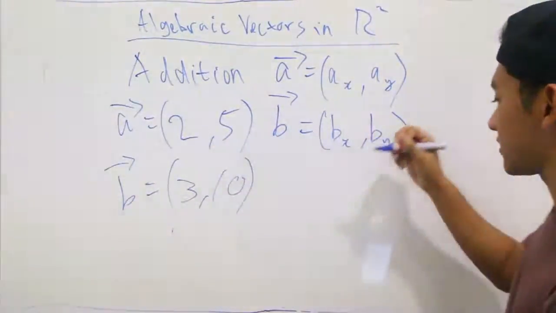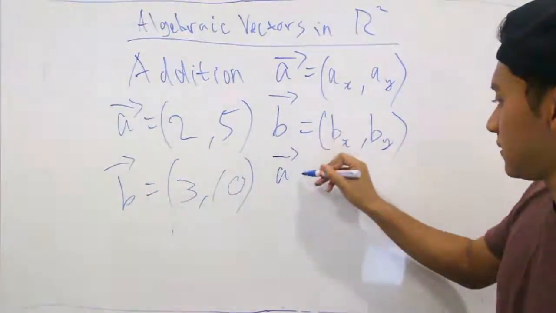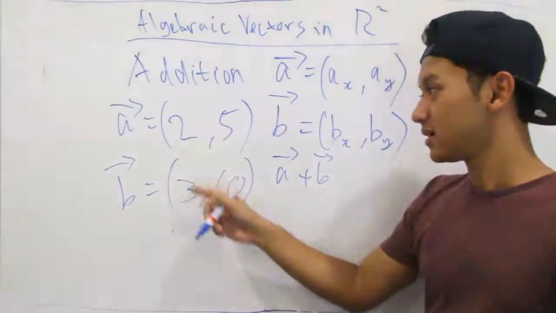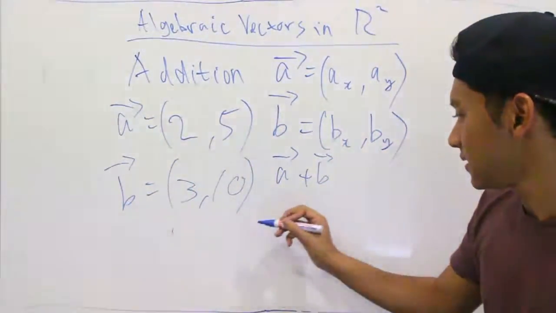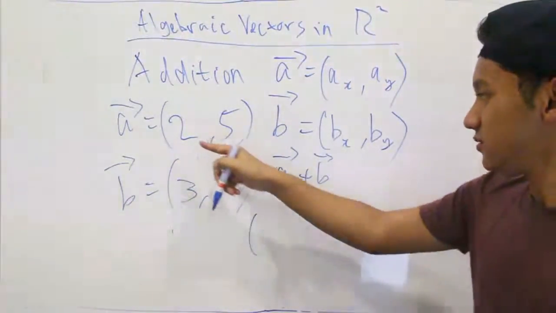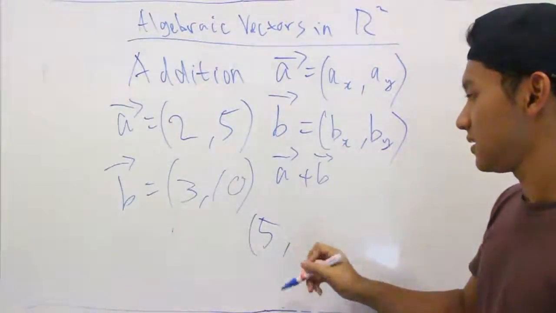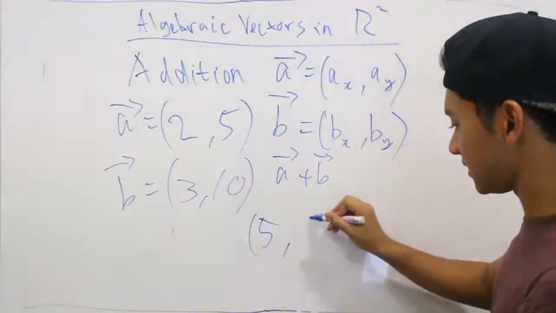We want to add vector A plus vector B. We add the same coordinates together, so 2 plus 3 is 5, so the X coordinate will be 5. 5 plus 10 is 15.